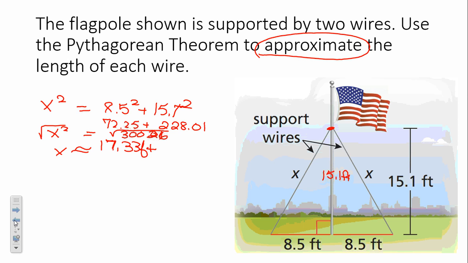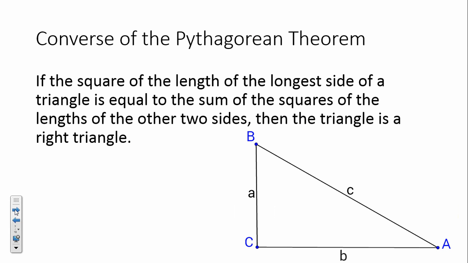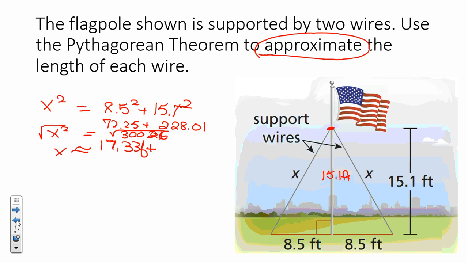Okay. All right. So the Pythagorean theorem said if you have a right triangle, then the leg squared plus the leg squared is the hypotenuse squared. Okay, what will the converse of that say? Remember what the converse said? Switch them, right?